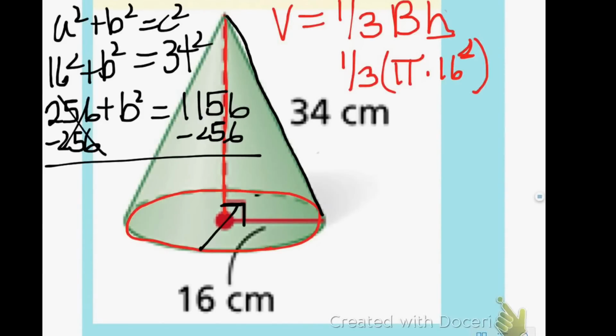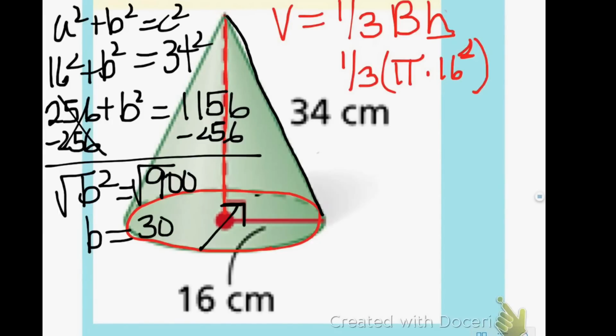They cancel on the left. That leaves me B squared. So I just need to subtract 1,156 minus 256, and that gives me B squared equals 900. So if I take the square root of both sides to find B, that's going to give me B equals 30. So I know that my height is 30, so I would put it over here in my volume formula.